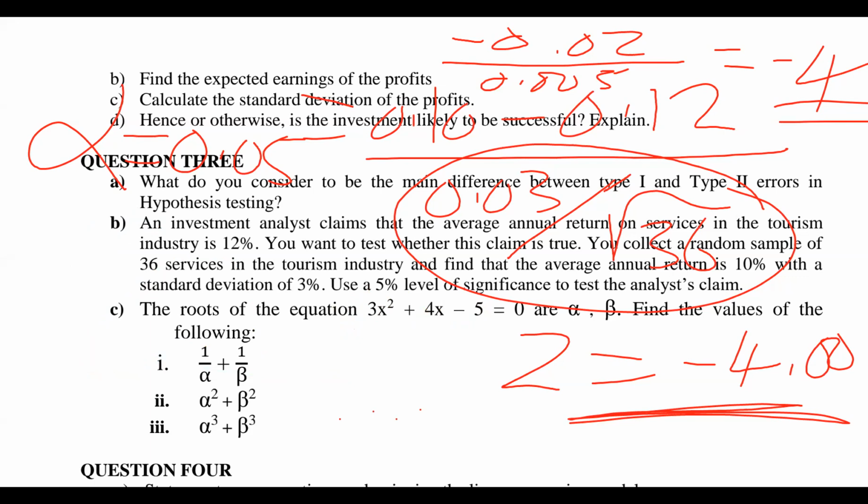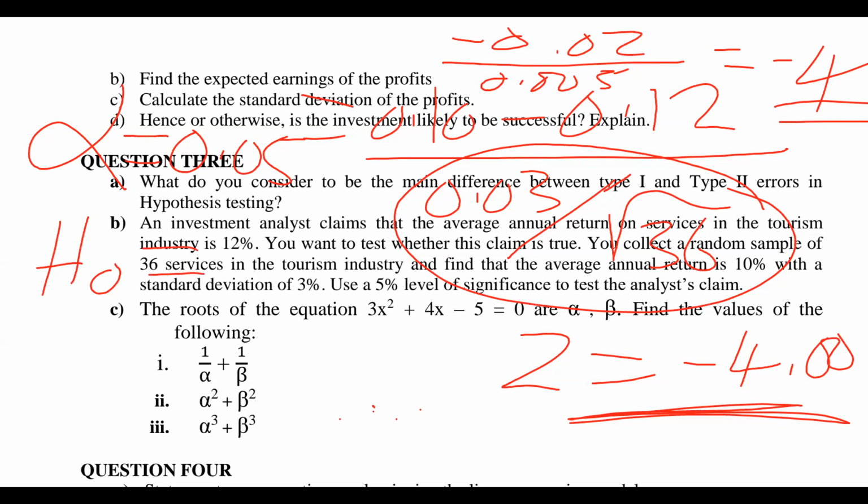When you look at this question, the way it is phrased, there is the first claim that exists, okay? An investment analyst claims that an average annual return on the services in the tourism industry is 12%. So this is what is called the null hypothesis.